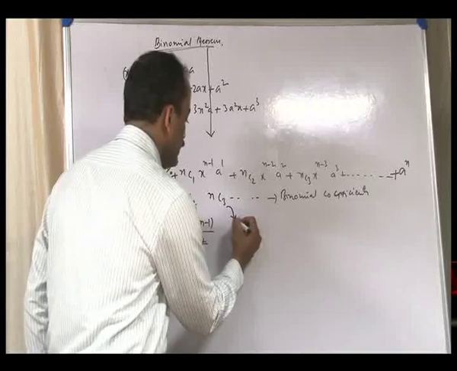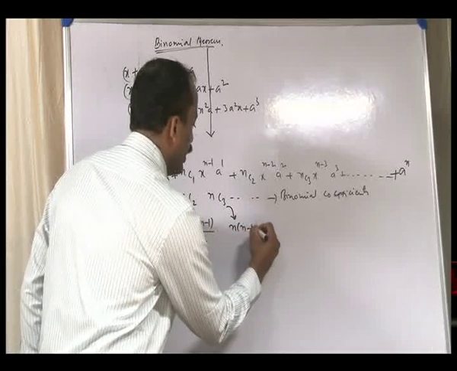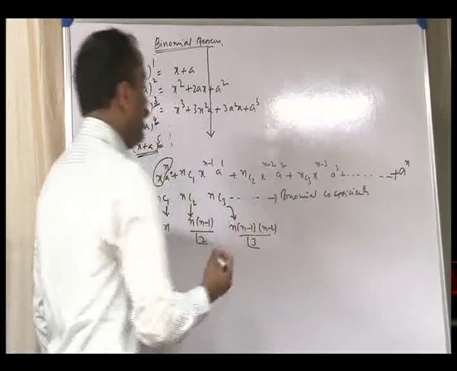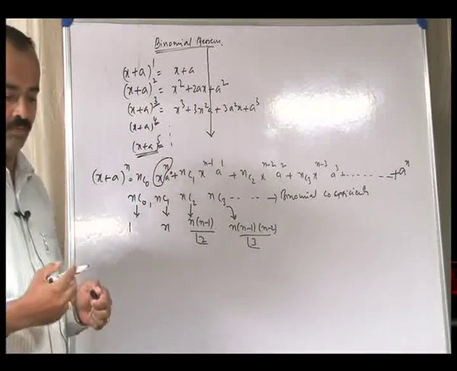Similarly, nC3 value is n into n minus 1 into n minus 2 divided by 3 factorial, and so on.